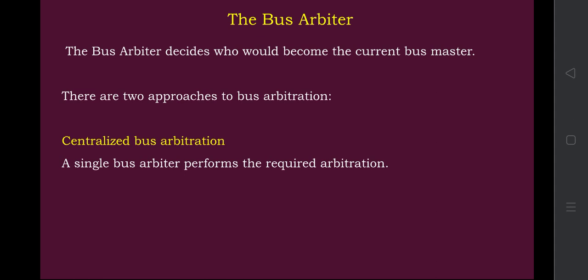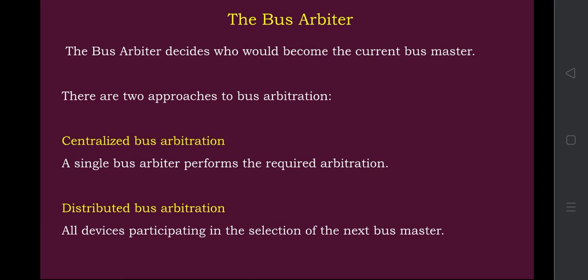In centralized bus arbitration, a single bus arbiter performs the required arbitration. That means there is a common single bus, and this single bus arbiter alone does the required arbitration. That is centralized; there is only one single control. Whereas in distributed bus arbitration, every device has its own arbiter, and all devices participate in the selection of the next bus master.